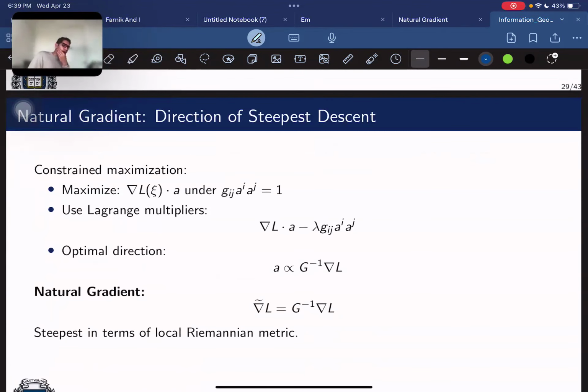Now, I say this. I want to take a unit step. By unit, I mean the norm is 1. Remember, the norm is different at each point, and the norm is defined with respect to the inner product. So I want the step I take to have norm 1.